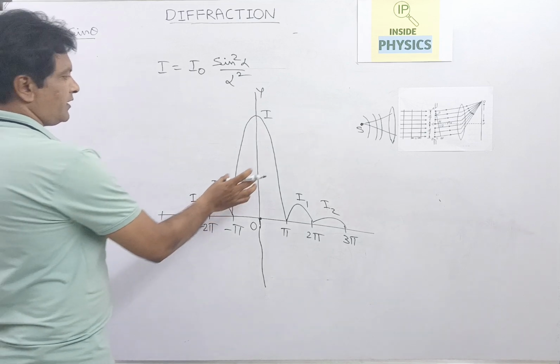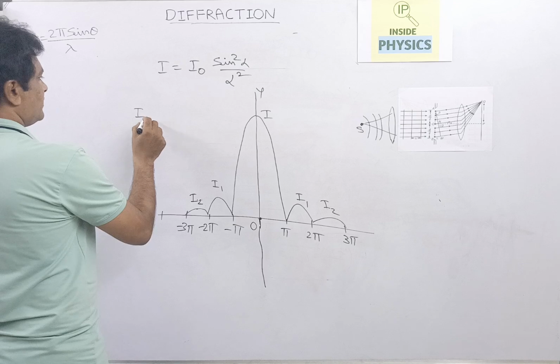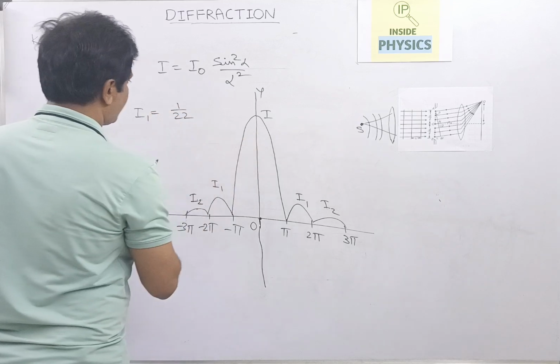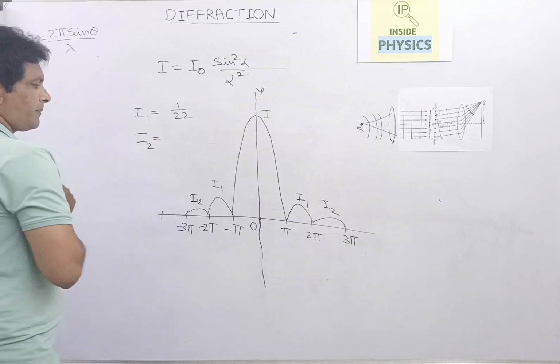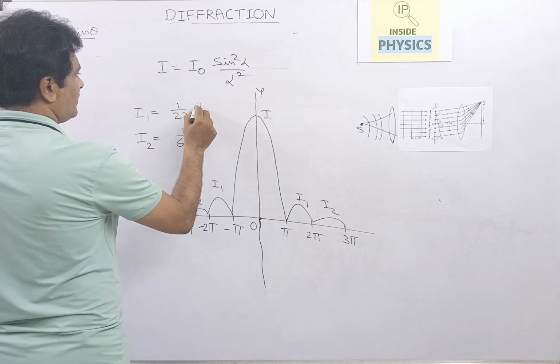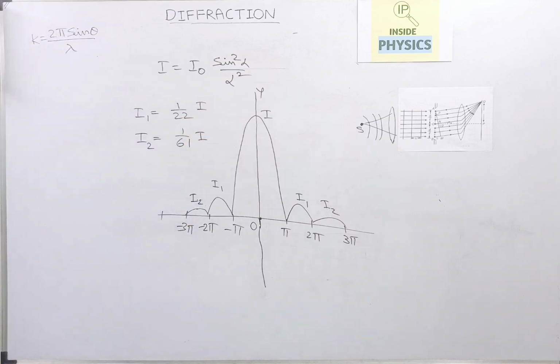If you compare these intensities with the central maximum, the first order intensity may be 1 by 22 times that of the central maximum, and the second order intensity will be 1 by 61 times the central maximum intensity, the central bright spot.